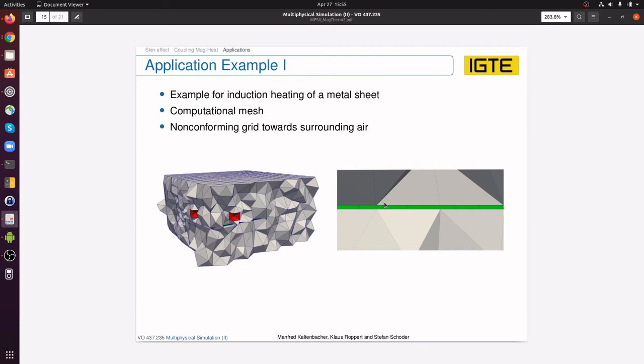So we don't want to use pyramid elements, so we want to connect hexahedrons and tetrahedrons right away, and we do this by employing so-called non-conforming interfaces. You will hear about the theory of non-conforming interfaces later on in this lecture series, more towards the end.